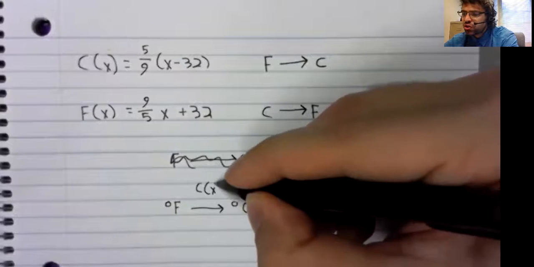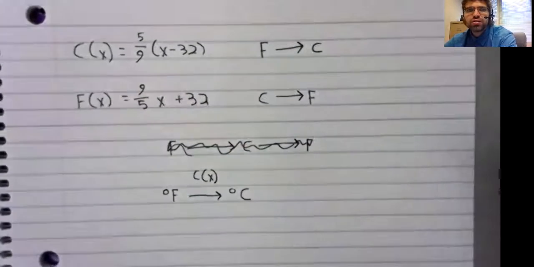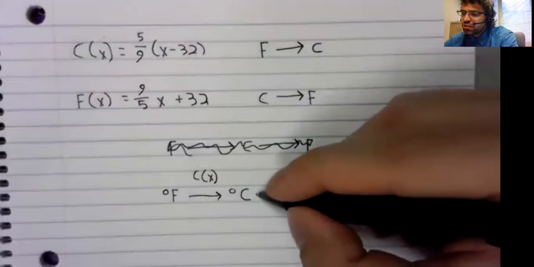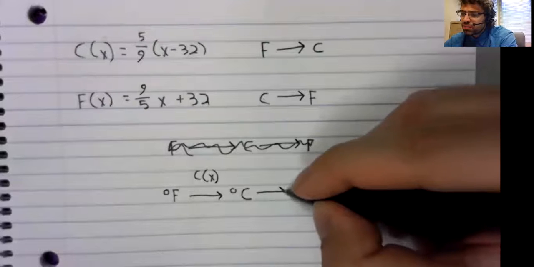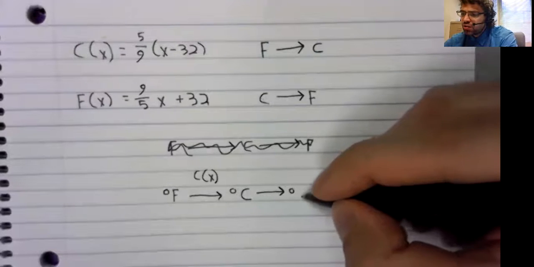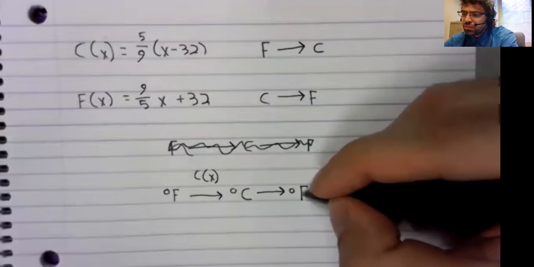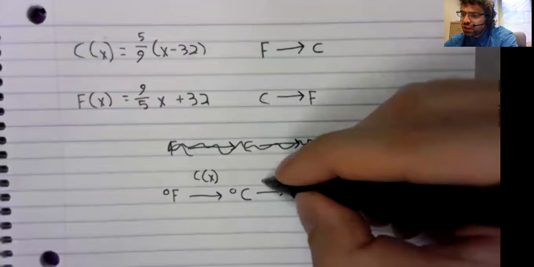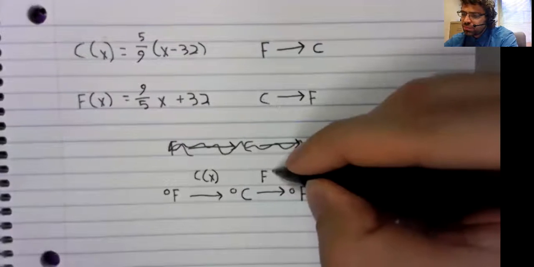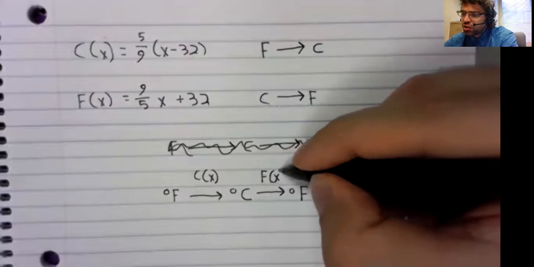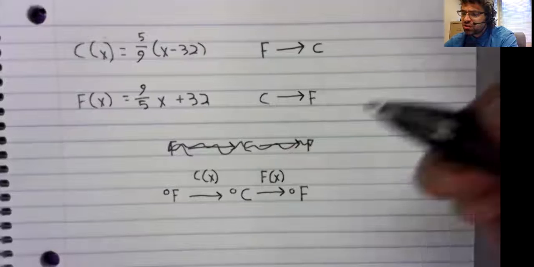That's this function C of x. We can take degrees Celsius and convert it to degrees Fahrenheit. That's this function f of x.